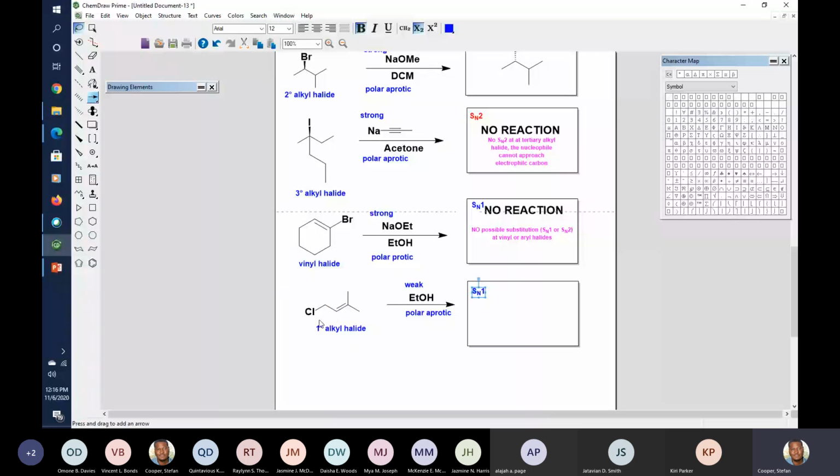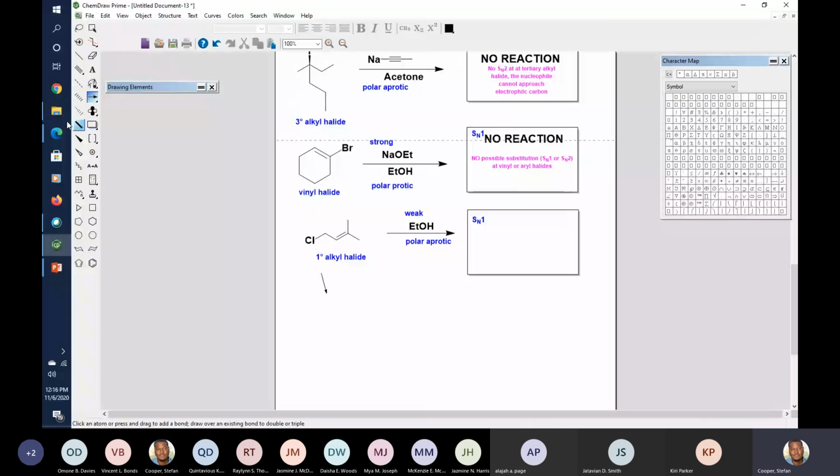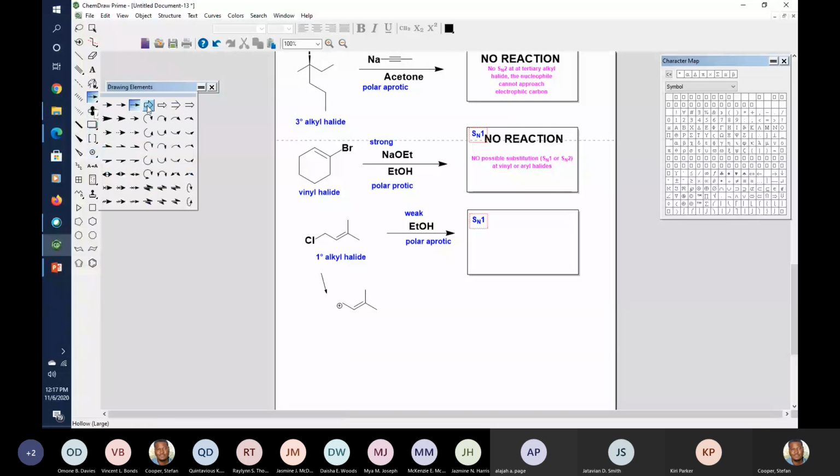So let's take a look at the carbocation that forms in the first step. So my leaving group has to leave, and I'm going to generate this carbocation. And this carbocation luckily has right next door to it a double bond, right? Or a pi system.